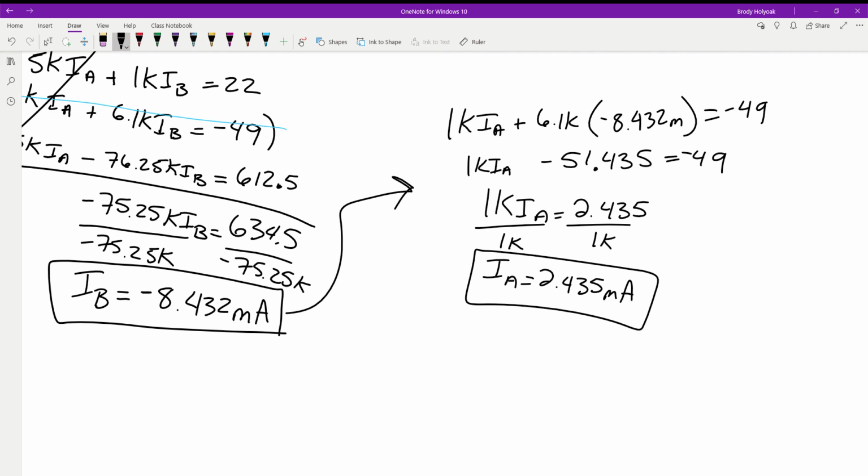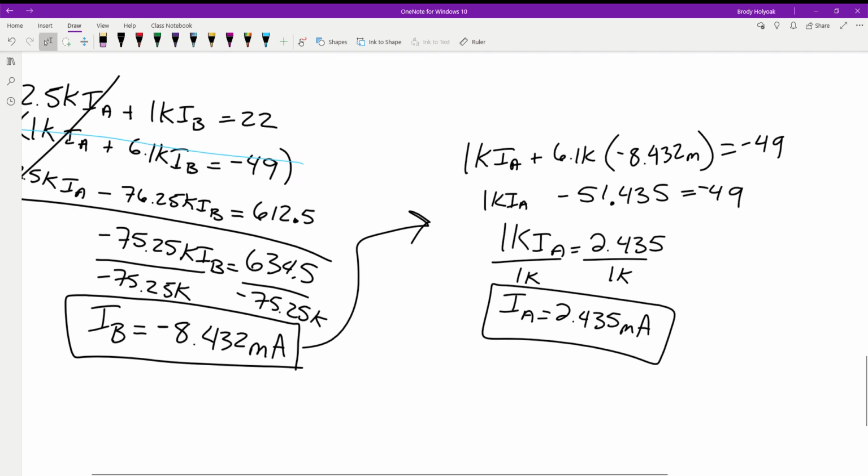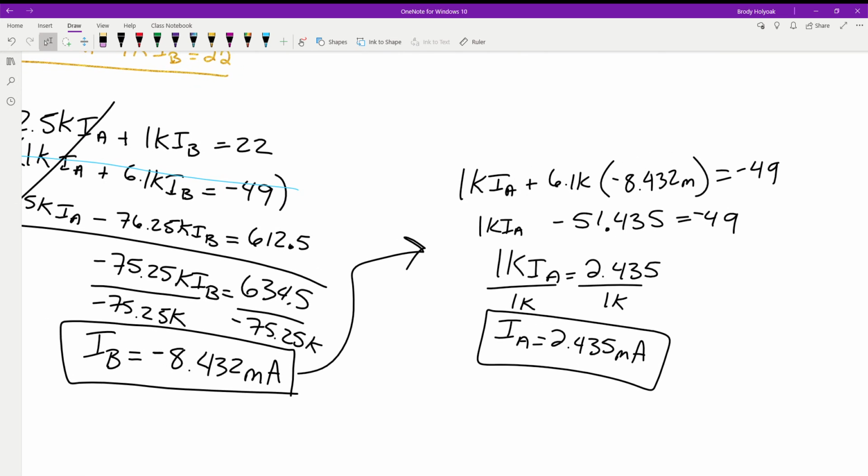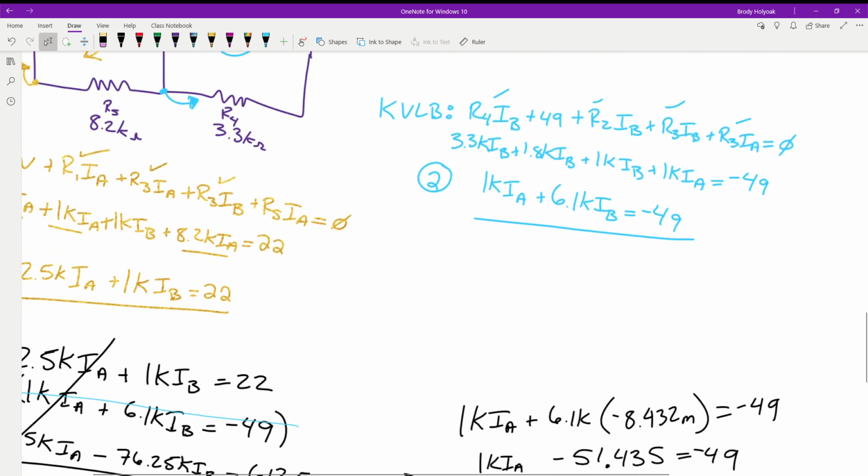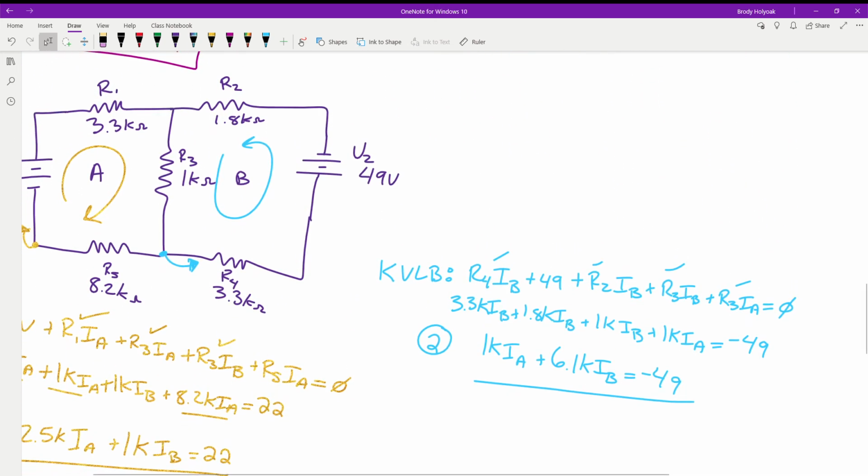Okay. So when we look, we have an IA of 2.435 milliamps positive, and we have a negative 8.432 milliamps. So that means when we come back to our original circuit, we can put these in, and we get 2.435 milliamps.